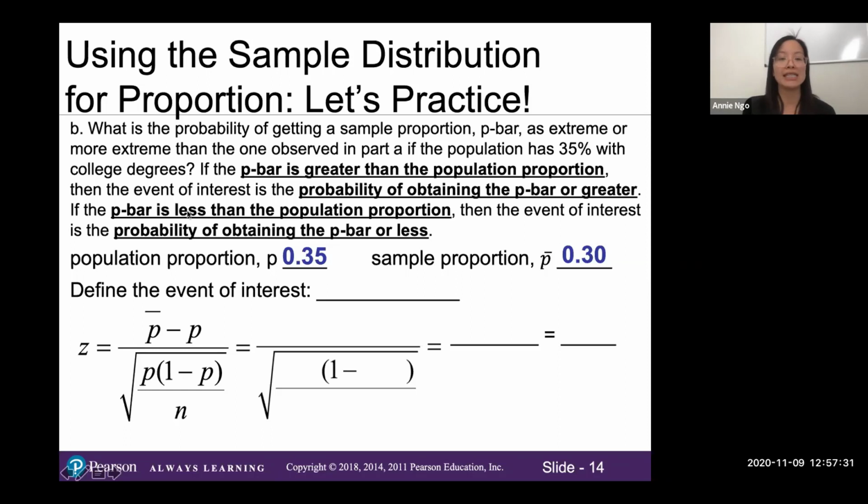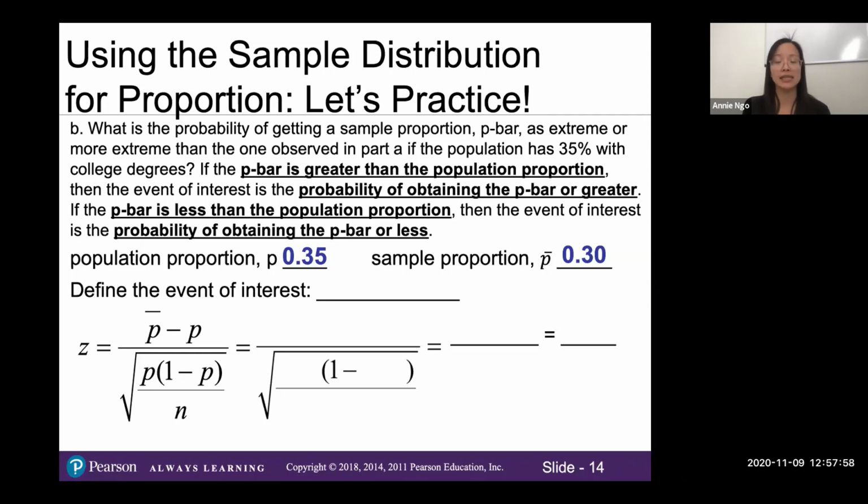If our p bar is less than the population proportion, if our sample proportion is smaller than the population proportion, then we're going to be interested in finding the probability that p bar is less than. So we're going to be on the left side. So this is where I need to interpret. Looking at my two numbers here in blue, how does the sample proportion compare to the population proportion?